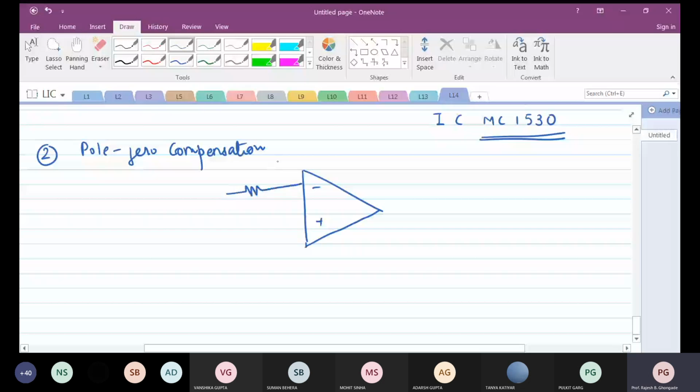Again, some operational amplifiers will give you a certain terminal for compensation, and here you can add an RC. So this is CC, this is RC. This is called a compensating network. So what this does is it introduces both a pole and a zero.